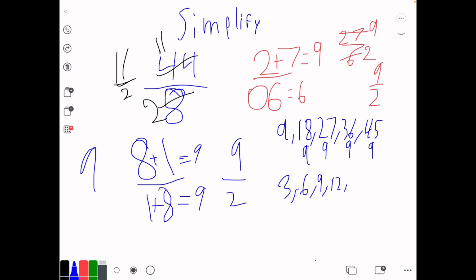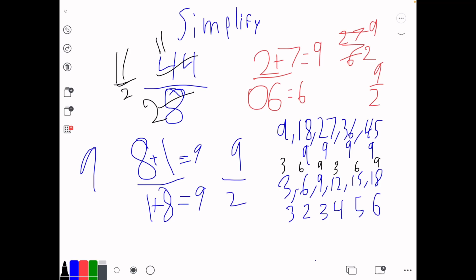Now look at the 3's: 3, 6, 9, 12, 15, 18. Those are what you divide by 3. And when you add up the digits of the ones, you get 6, 9, 3.